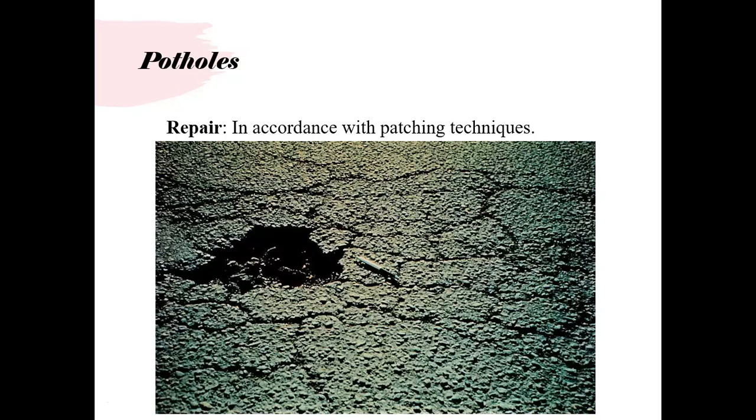Most of the time, the patching is on the asphalt surface only, so what we need may be a bearing force. So we have to remove that, cut the walls, cut the pavement vertically, apply tack coat, and do the patch work.